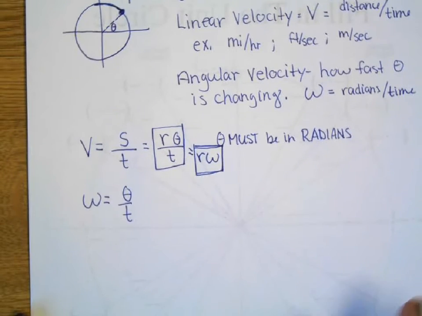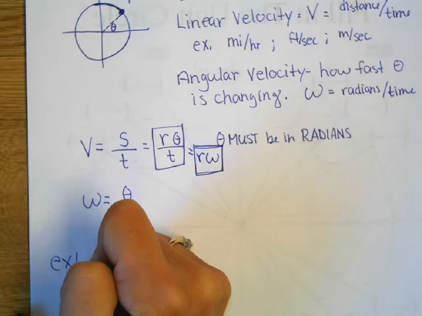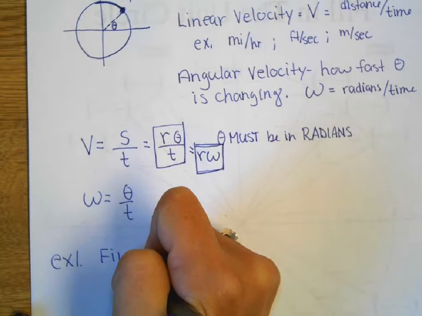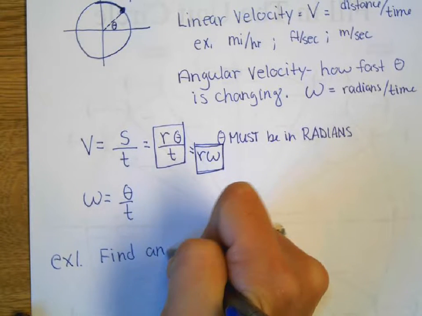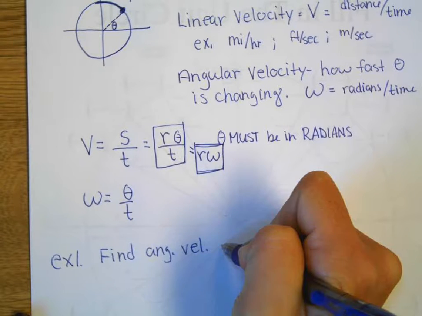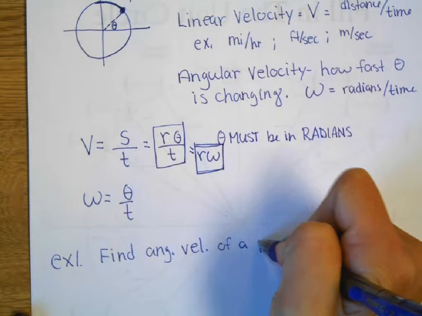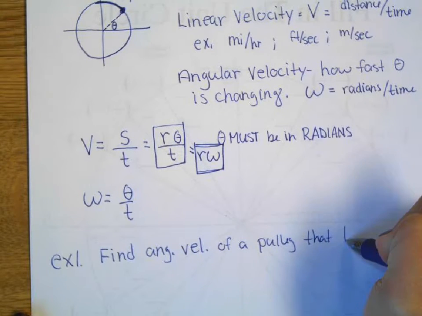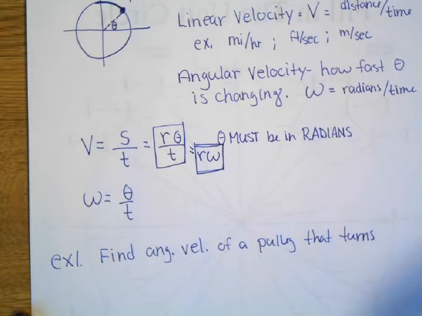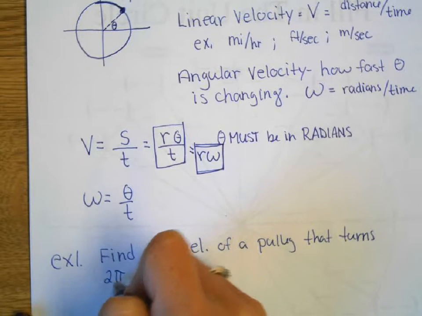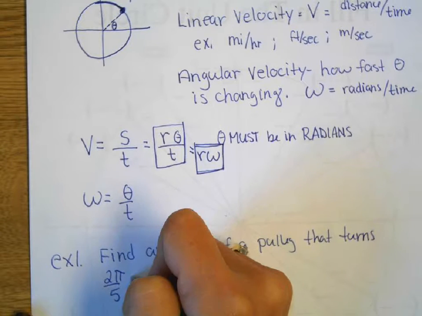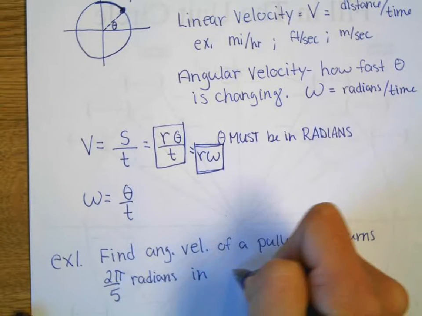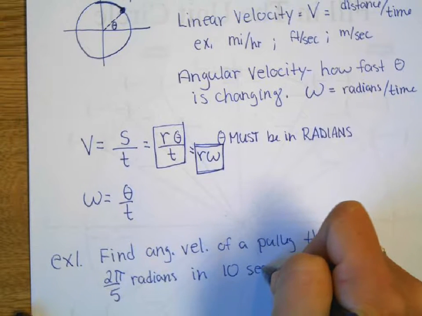So our first example: find the angular velocity of a pulley that turns 2 pi over 5 radians in 10 seconds.